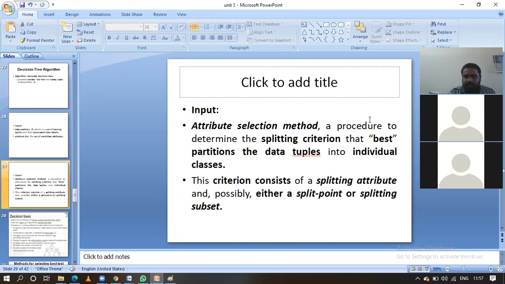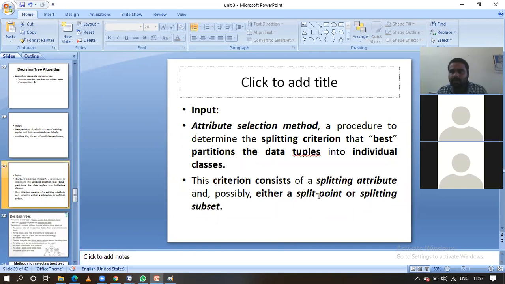The splitting of the attribute can be done with the help of a split point or a splitting subset. Split point means, for example, income greater than 65,000 or less than 65,000. A splitting subset means light colored, dark colored and medium colored. Light colored means white, dark colored means black, red. Those come under the subset.